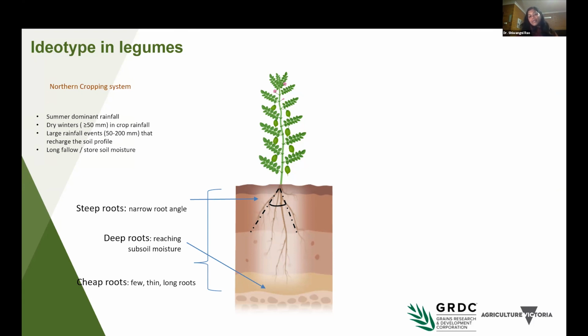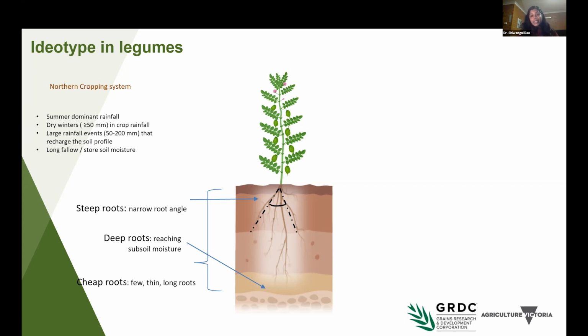And to get these deeper roots, you need to have a steep root angle so that all the root growth is directed straight downwards, and have a cheaper root form. Because we know that roots take up at least twice the amount of photosynthate than above ground parts do. So you do need a very low investment root growth, but a root growth that does reach the subsoil moisture to avoid drought.